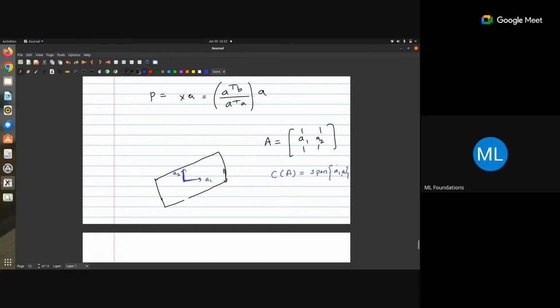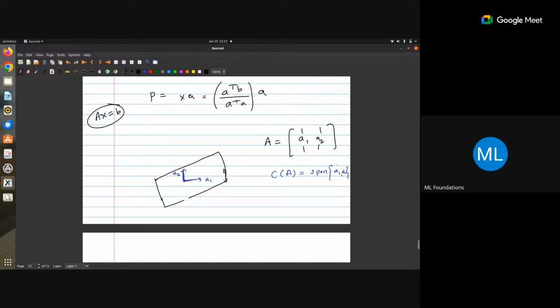If you remember, when I say that Ax equals b has a solution, we get a solution when b is in the column space of A, right? That was the statement we made previously.